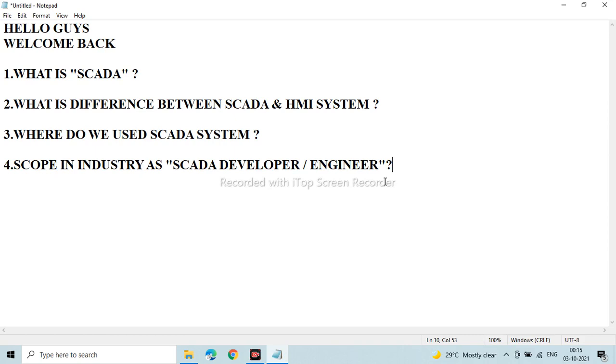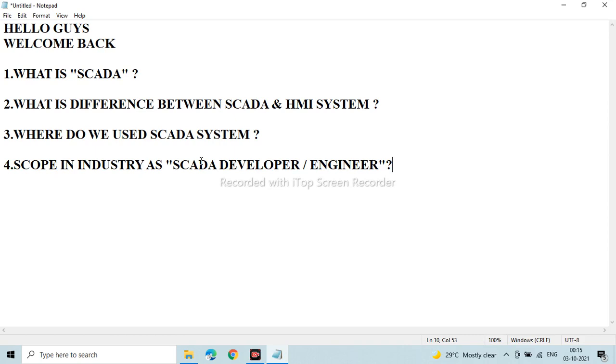As I say, a SCADA developer earns a good amount of money, and there are multiple makes of SCADA systems, like Siemens WinCC, Ignition SCADA, InTouch SCADA. Different companies have different SCADA systems. If you work on a single SCADA system, you learn the multiple possibilities of SCADA and how to develop.